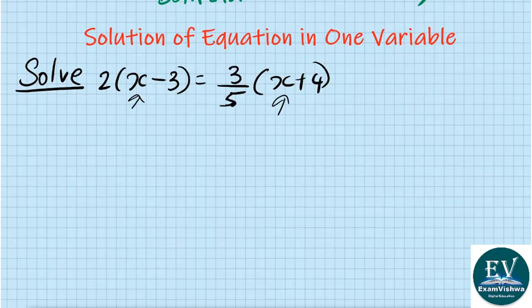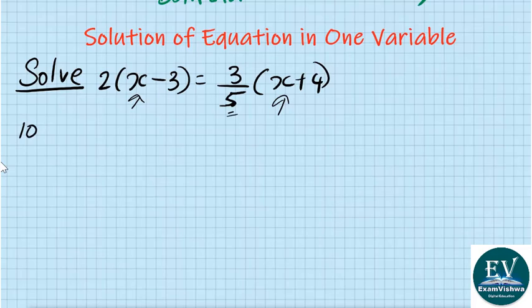First I will think that I will remove this 5. So what I will do? I will remove 5 by multiplying the whole equation with 5. What will happen? 5 into 2 bracket x minus 3. 5 into 2 is 10.